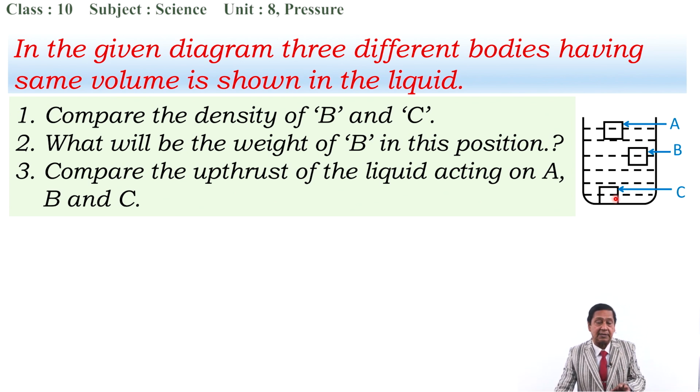That's why they displace an equal amount of water, and both experience the same upthrust, but A experiences less upthrust because the volume of the body immersed into the liquid is less.